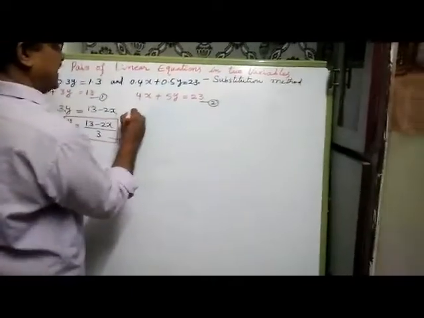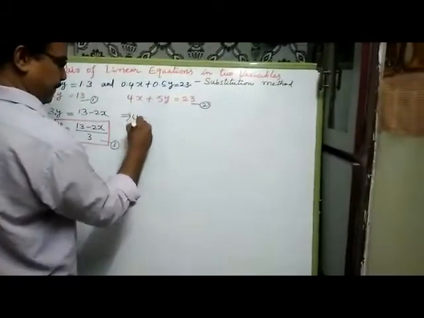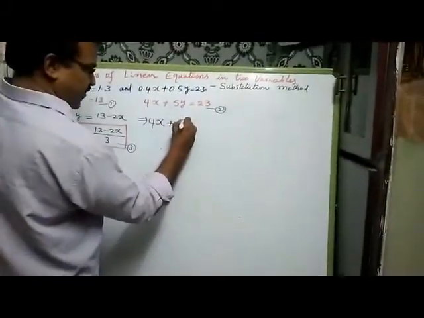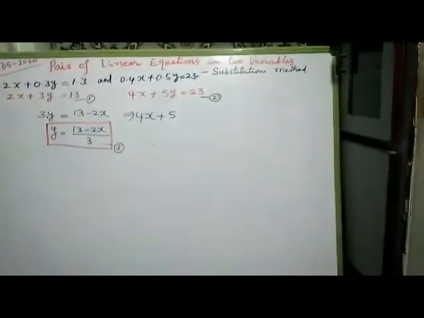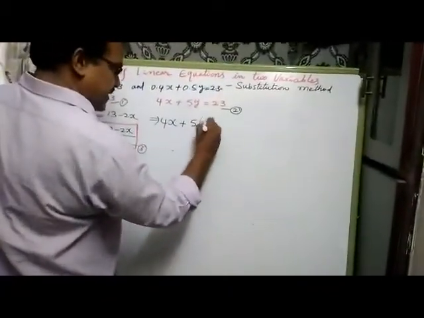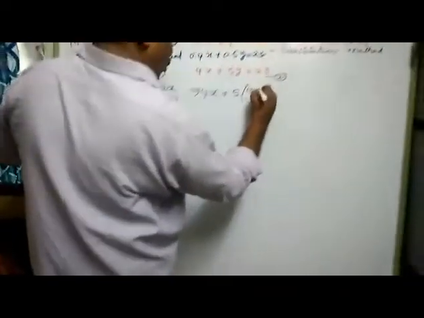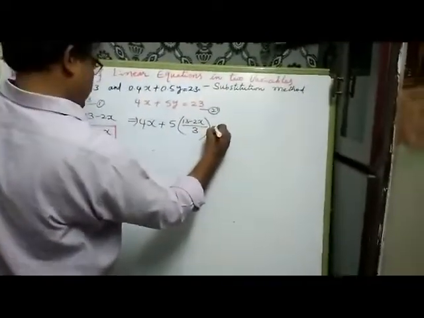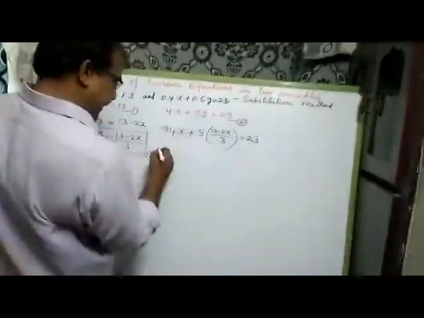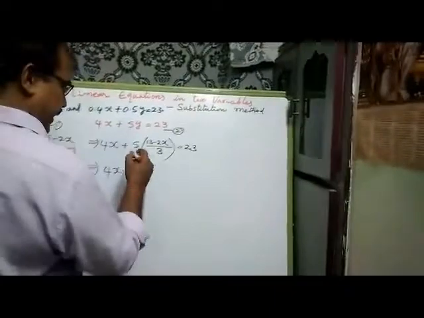So that is 4x plus 5 into y, the y value being 13 minus 2x by 3, is equal to 23. That implies 4x plus, this part simplification is very, very important.